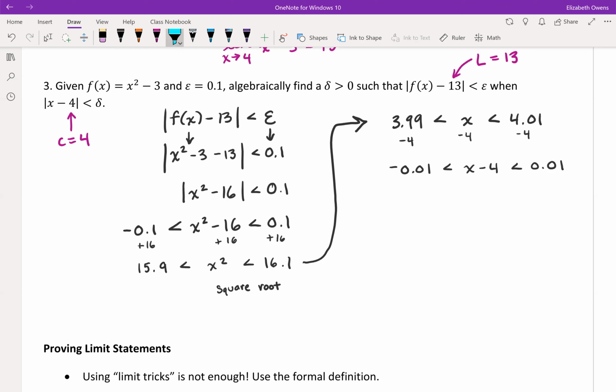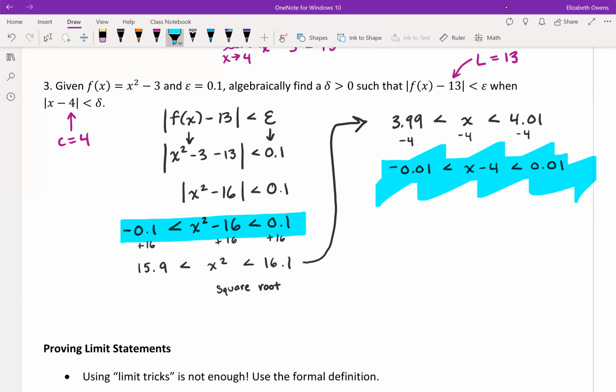Notice how this statement looks very, very similar to this statement. It's a kind of symmetrical inequality there. We could rewrite this as an absolute value inequality. So it's like going backwards from this step over here to the previous step.